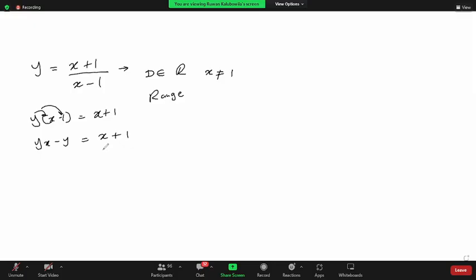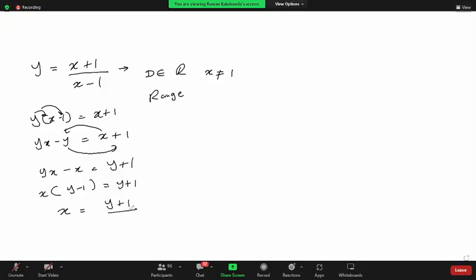Then I can take x to here and transfer y to this end: yx minus x equals y plus 1. Now I can take out x as a factor: x times y minus 1 equals y plus 1. This is equal to x equals y plus 1 divided by y minus 1.